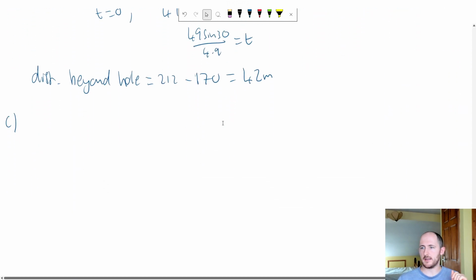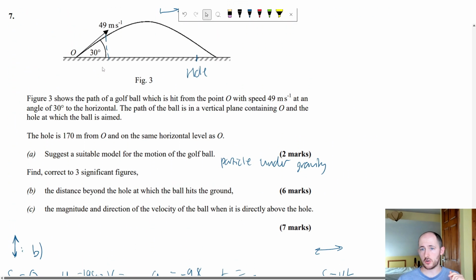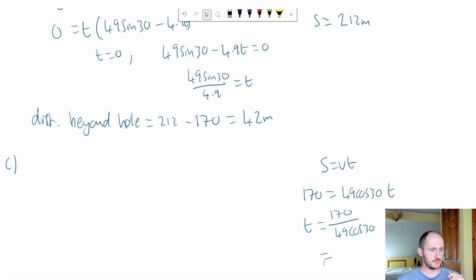So if we use S equals VT, we want the horizontal displacement to be 170 equals 49 cos 30 times t. So rearranging this, we get 170 over 49 cos 30, which gives me a time of something.